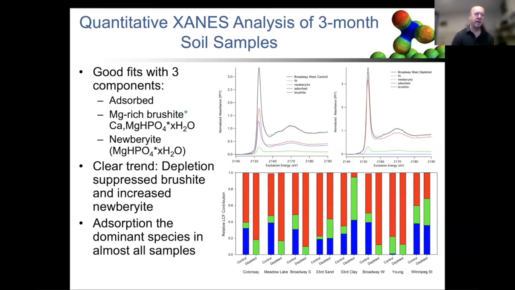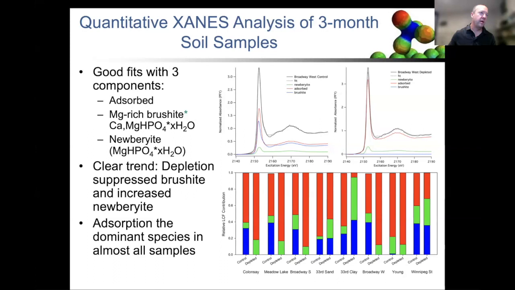So unless you really, really get all the calcium out of the system, or if you don't put any magnesium into the system, this is the mineral that forms out there. So in fact, I don't know that anybody has observed this outside of our lab group, but it seems like that magnesium-rich brucite, which is sort of about a 1-to-1 or a 1-to-2 ratio, seems to be the dominant mineral phase that forms in these systems.